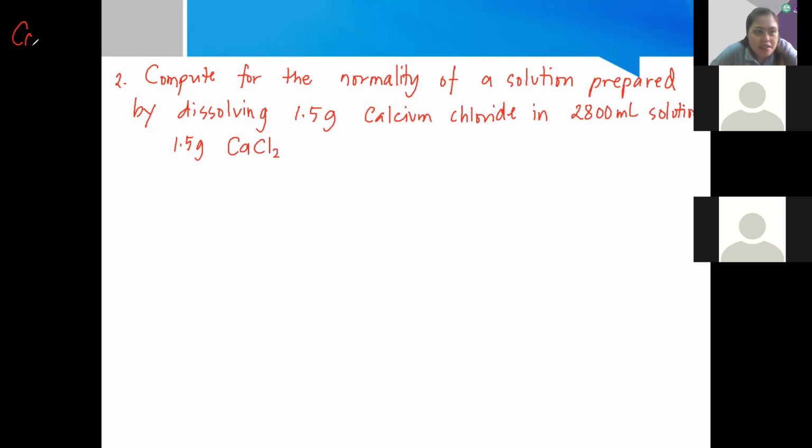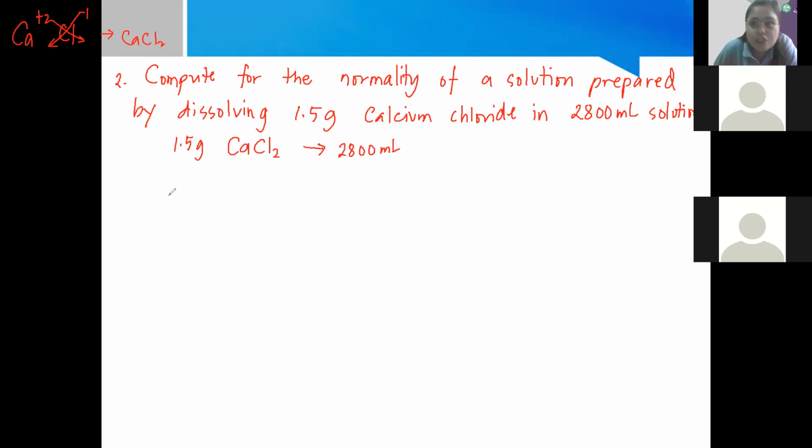Ca positive 2, chlorine negative 1. So you need to do crisscross here, which means the correct formula is CaCl2, dissolved in 2,800 ml of our solution.